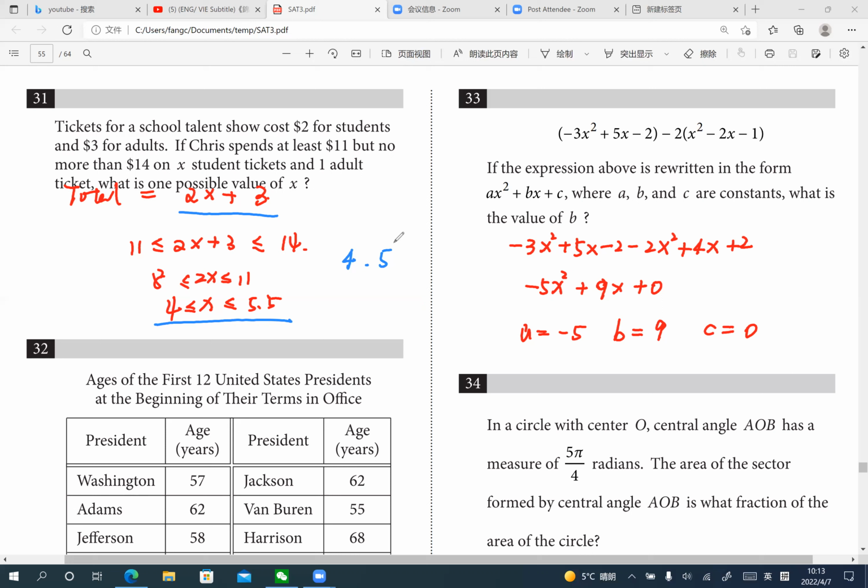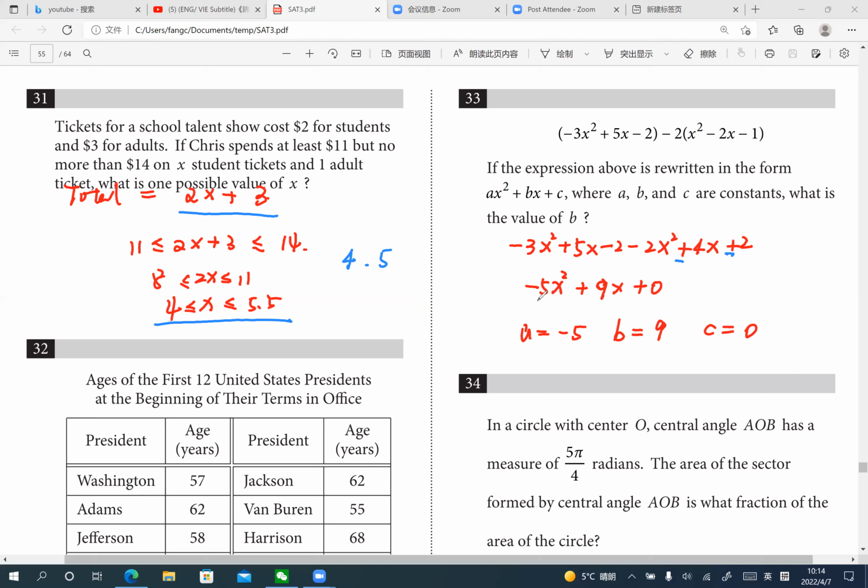First, let's rewrite the expression in the form ax squared plus bx plus c. Negative 3x squared plus 5x minus 2 minus x squared plus 2x plus 1.